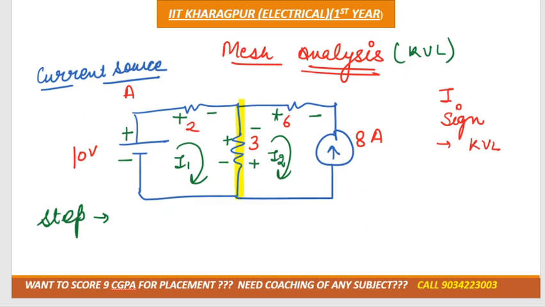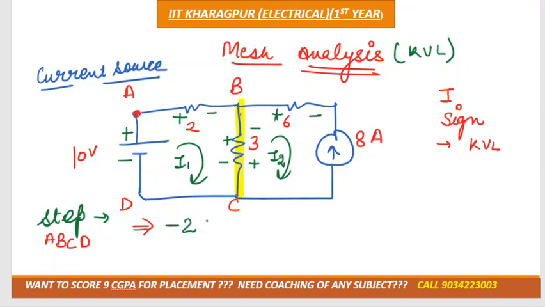As you know, this is the first mesh, A, B. We can apply KVL in the first mesh. Remember, we always need to take the second sign of the path. You are moving from A to B, then B to C, then C back to the position from where you started. If you are moving from A to B, the second sign that comes in your path is negative.